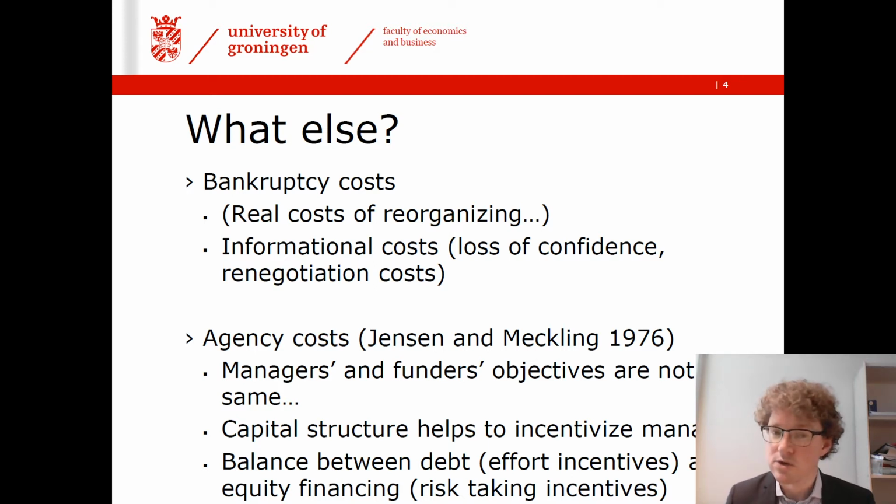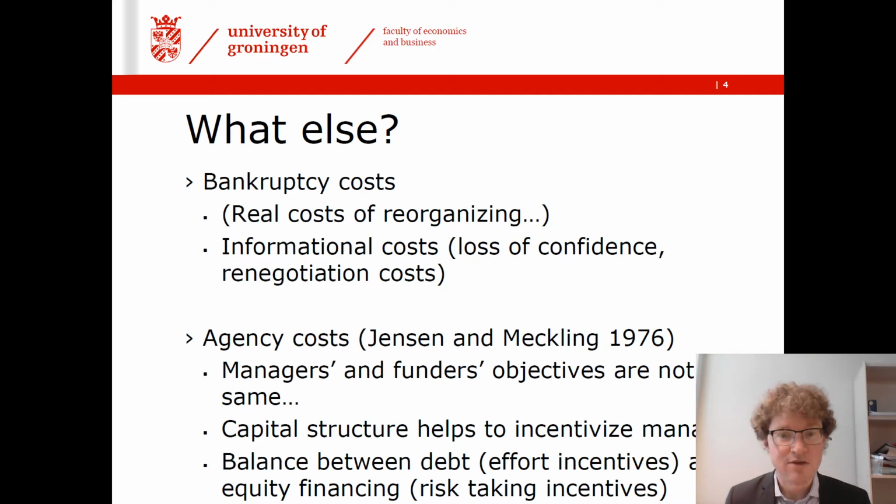There's a balance there. There's a balance between using debt, and more debt means the managers have to sail a bit closer, run a tighter course, providing them with effort to make sure that this firm is going to be more profitable.